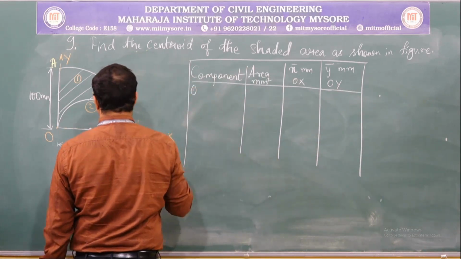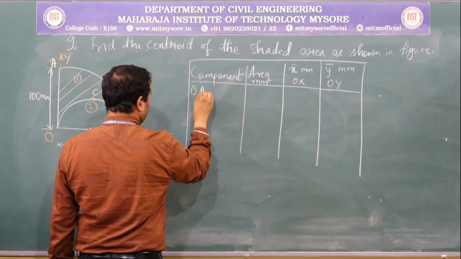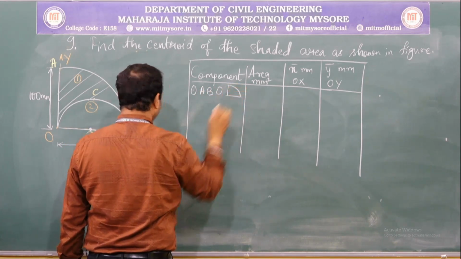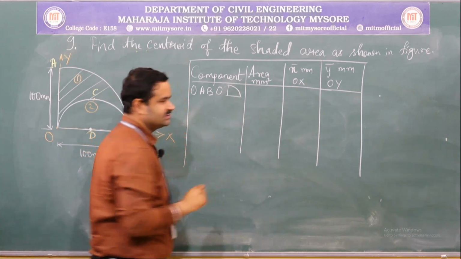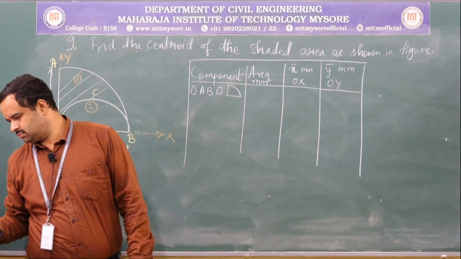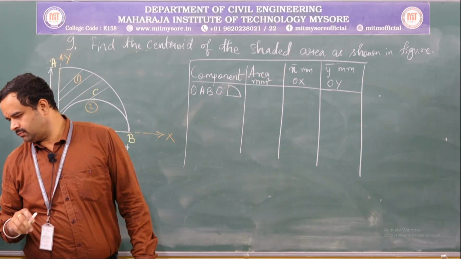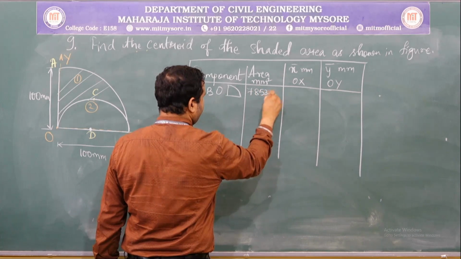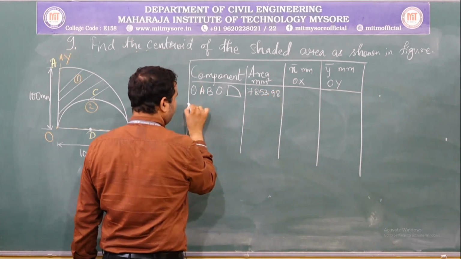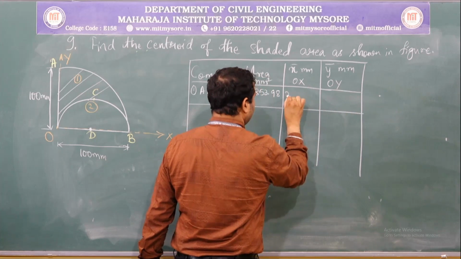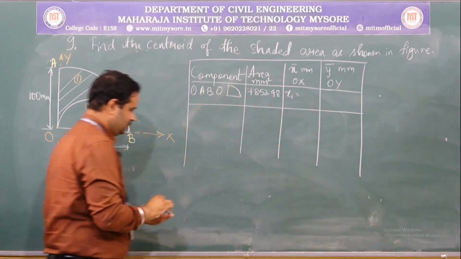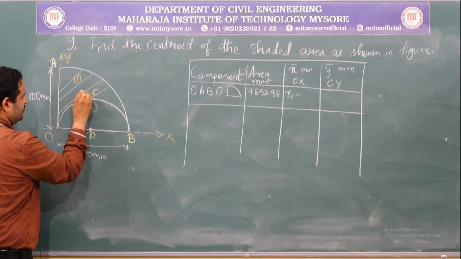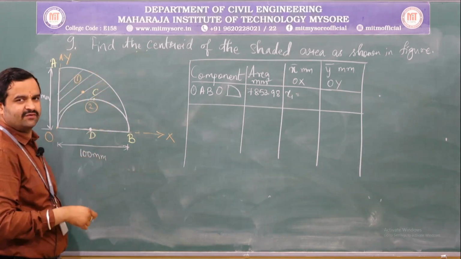The first component is the quadrant A, B, O. The area of this quadrant is 7853.98. Now x1 is equal to the centroid of this component 1 which lies somewhere here.